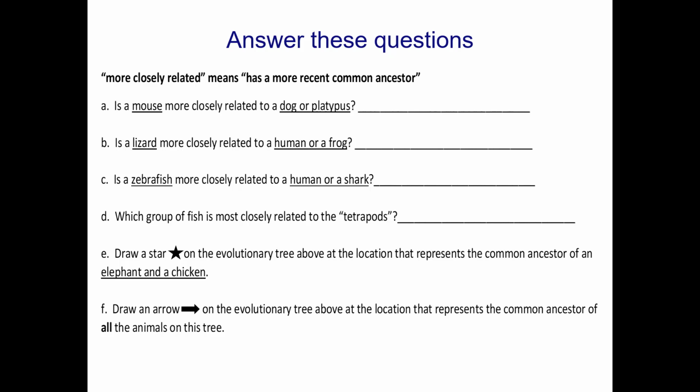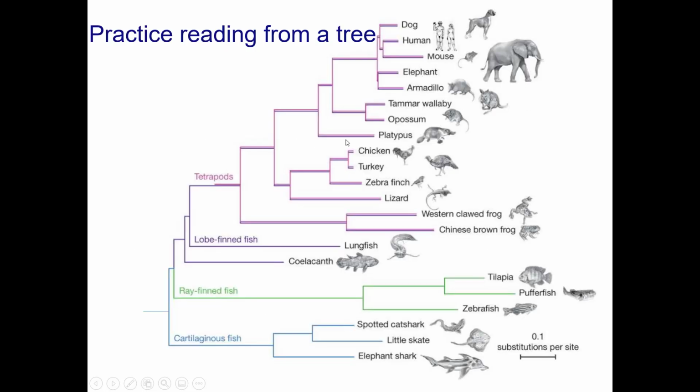Okay, so I'll give you an example. Is a mouse more closely related to a dog or a platypus? All right, so we're going to go back to the tree. We're going to say, okay, a mouse and a dog, their common ancestor is right here. So let me get a pen. So mouse and dog is here. Here's where the common ancestor for mouse and dog would be. Mouse and platypus, so here's platypus, here's mouse.